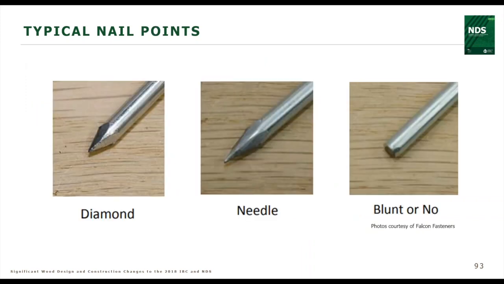In terms of nail points, the NDS does assume that your nail is going to have a tapered tip, so that'd be either the diamond tip or the needle tip. There are some nails out there that have a flat or a blunt tip, but the NDS assumption is that the nail tip length is equal to 2 times the diameter.